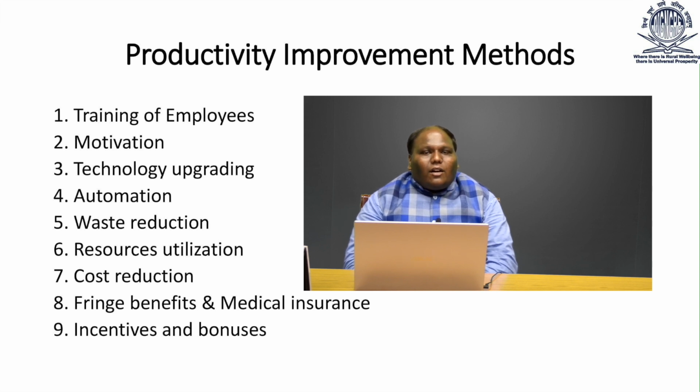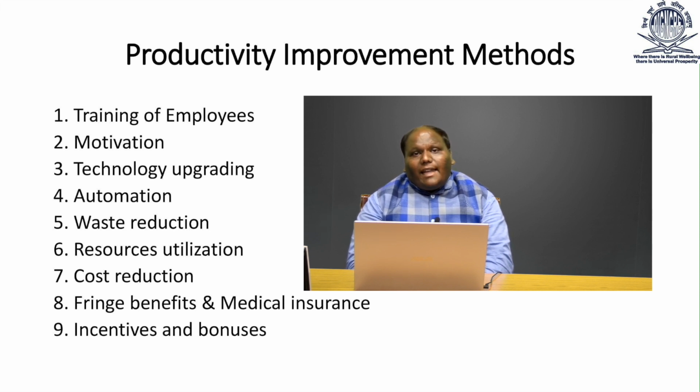For that, how we have to manage waste, that is also to be considered, and also utilizing the resources in terms of enhancement of productivity while bringing better outcomes with the minimum inputs, or without increasing the inputs, how we can enhance the output.